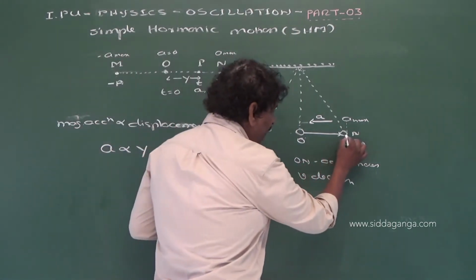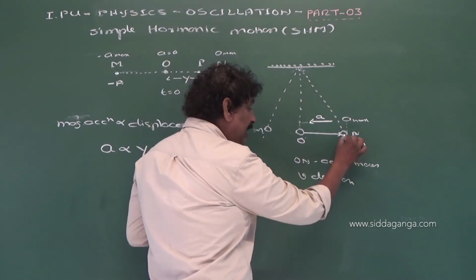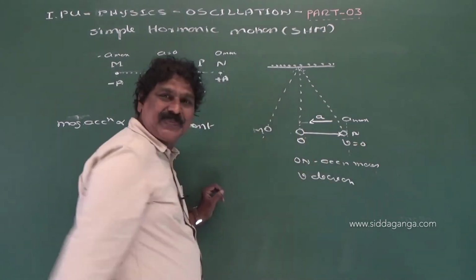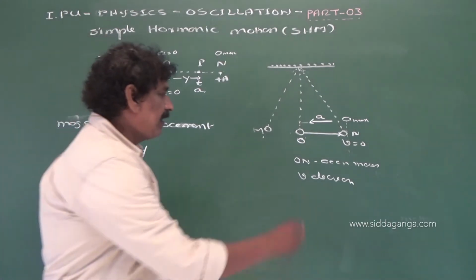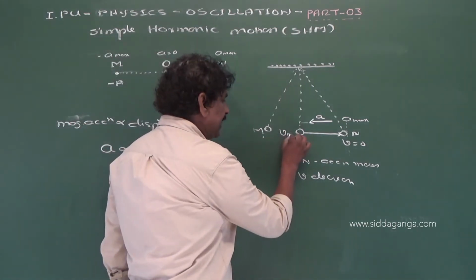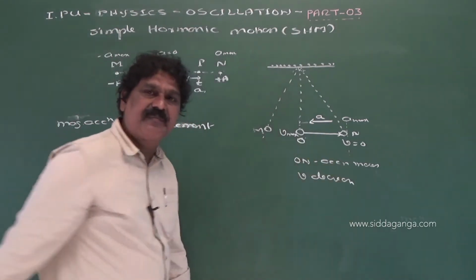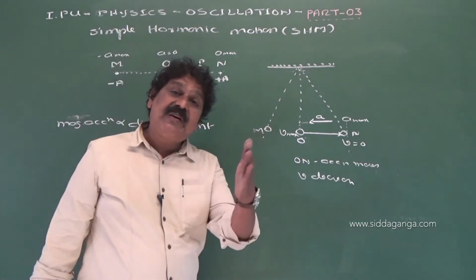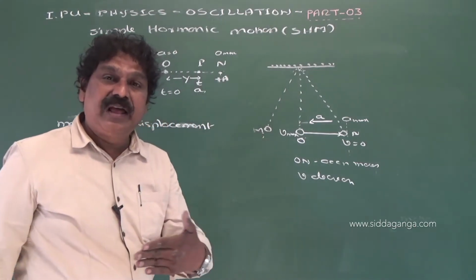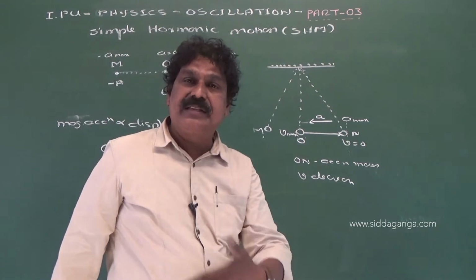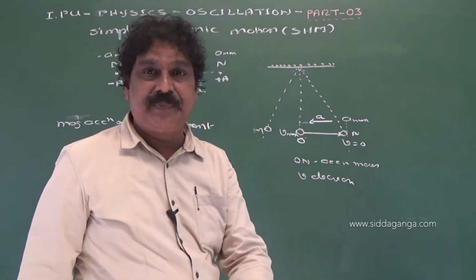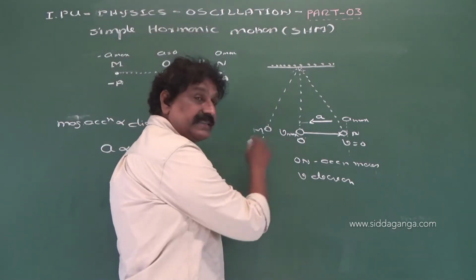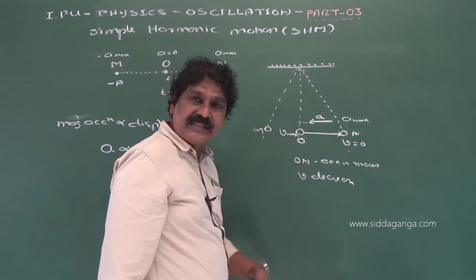Now while moving from N to O, velocity increases and it becomes maximum. When does velocity increase? When acceleration is in the direction of motion, and this acceleration increases.